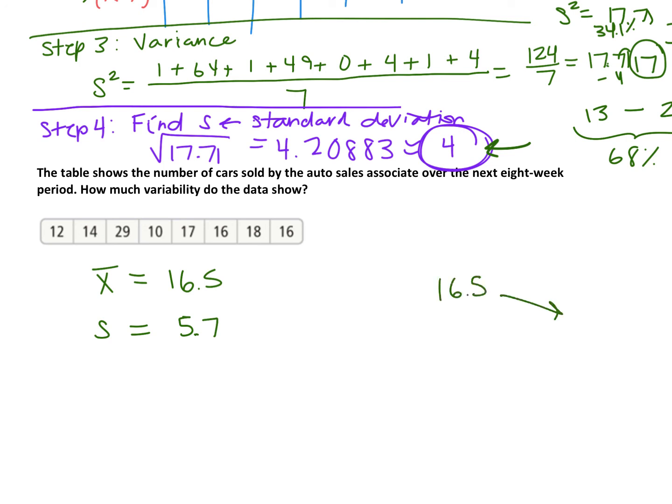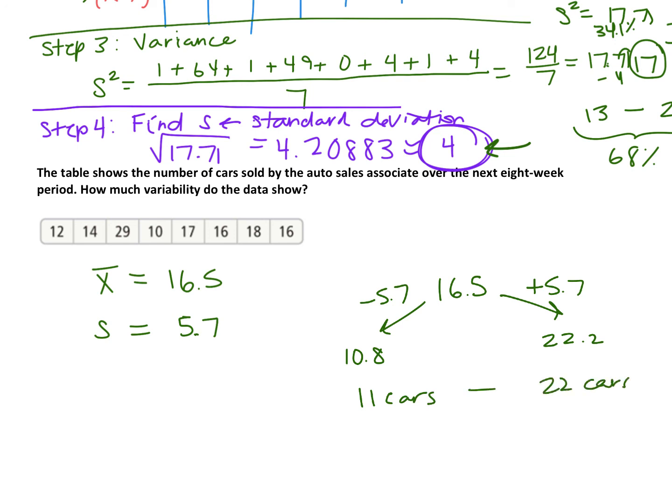And if we go 1 standard deviation in either direction, so if we add that standard deviation of 5.7 and subtract the standard deviation of 5.7, we're going to get about 10.8 on this side, and we're going to get about 22.2 on this side. So this is where we'll do a rounding. So 11 cars and 22 cars.